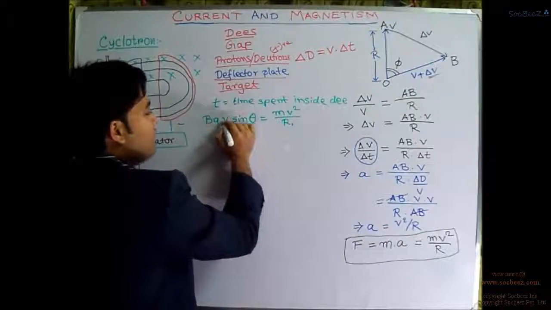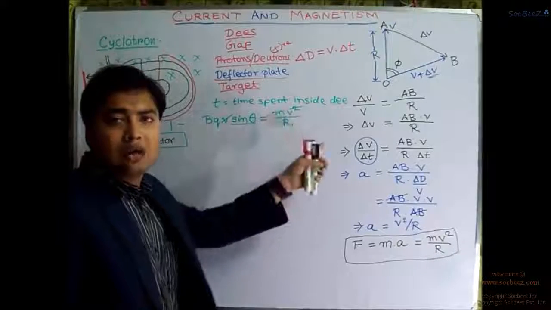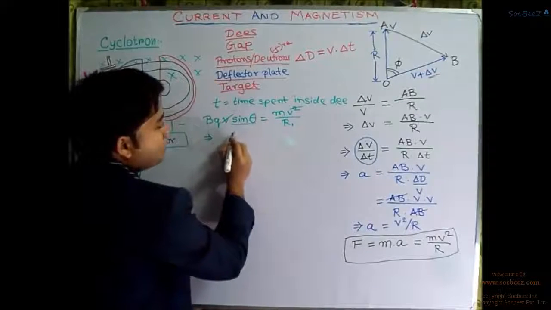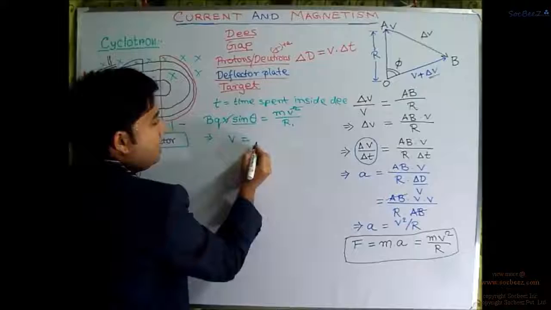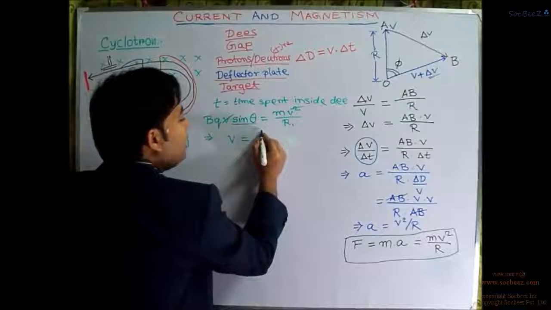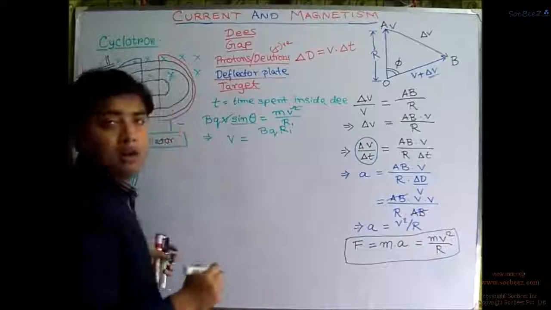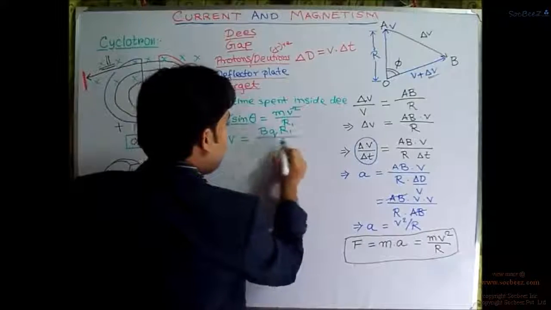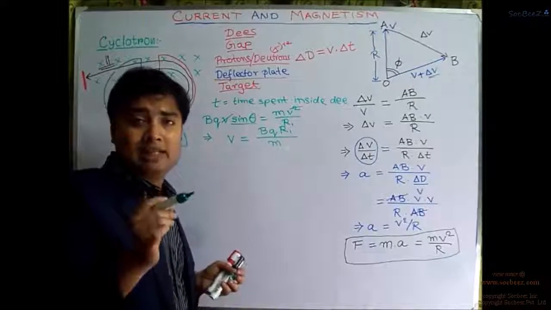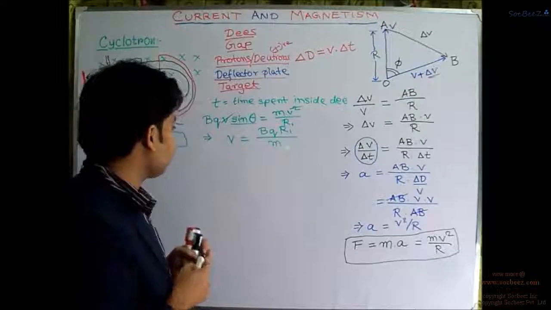So over here see that V is being cancelled out, leaving only one V on the right hand side, which means now that V will be equal to, if we perform the cross multiplication, BQR1 divided by M, where M is the mass of the proton or the deuteron, right?